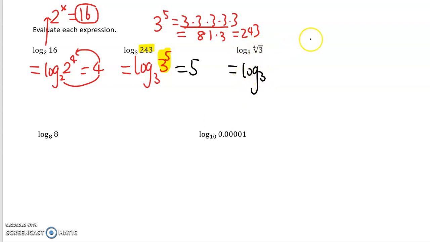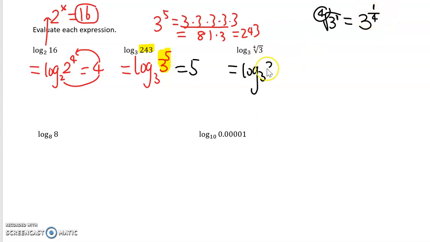For the radical, we have to use something we learned before. A radical means a fractional exponent. The 3 doesn't have an exponent, which means 3 to the first. The exponent stays as the top, and the index becomes the denominator of the fraction.